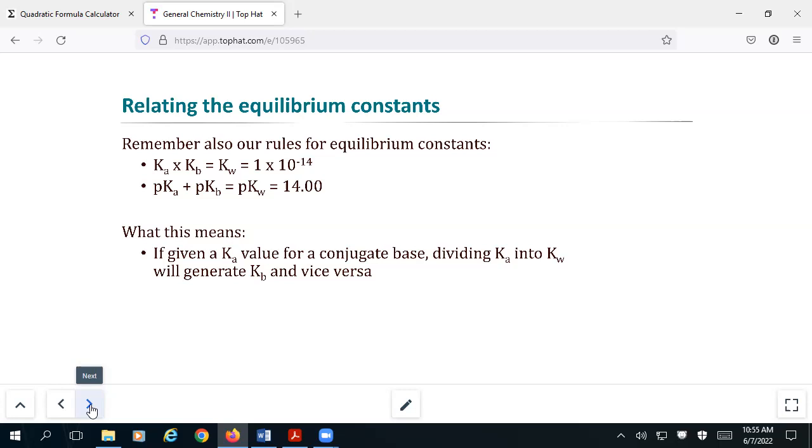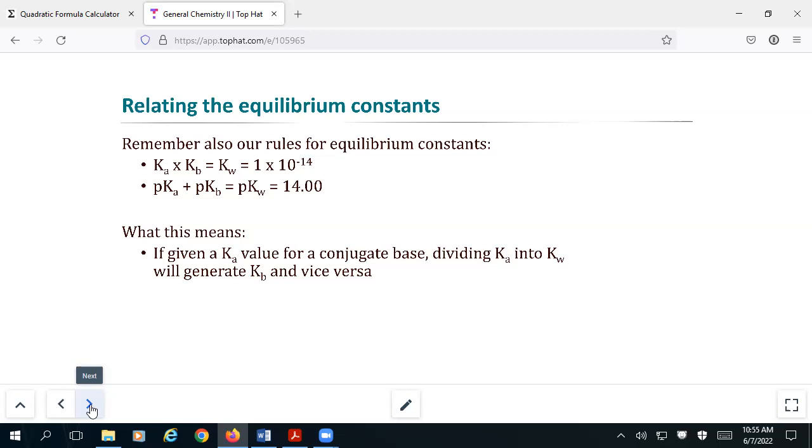If I look at the Ka value for nitrous acid, what I will find is that the Kb for the nitrite ion is directly related to this concept. And that's why we could say that the stronger the acid is, the weaker its conjugate is going to be, because there's a finite limit to their product, 1 times 10 to the negative 14th.